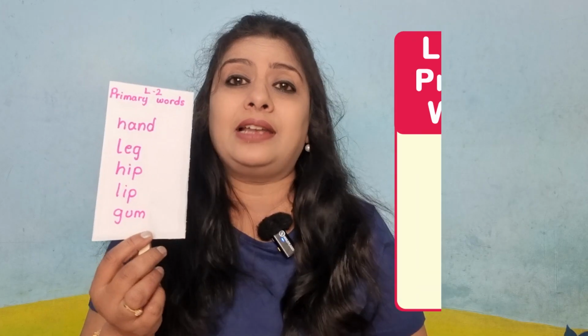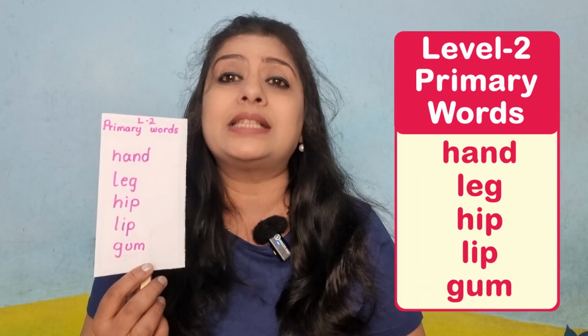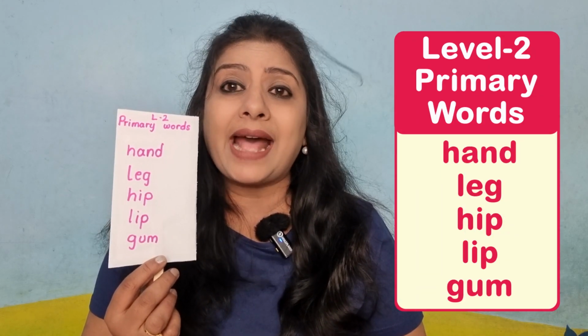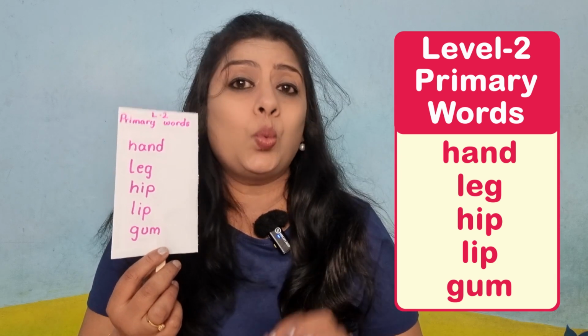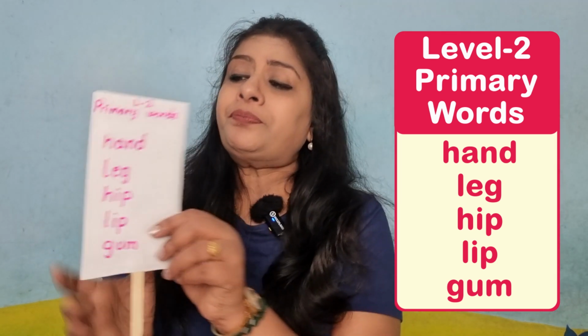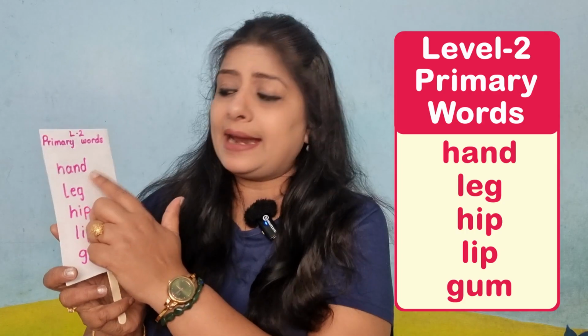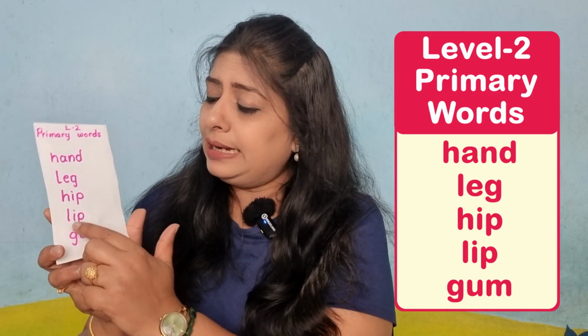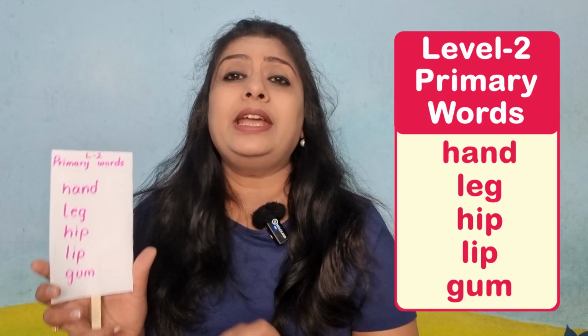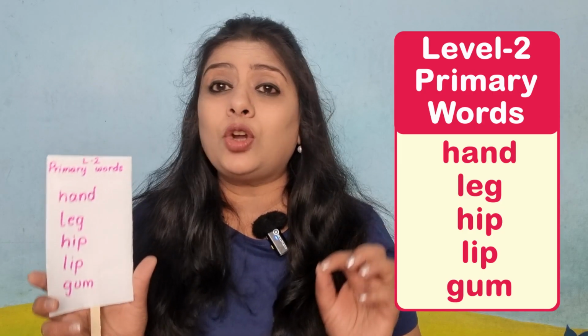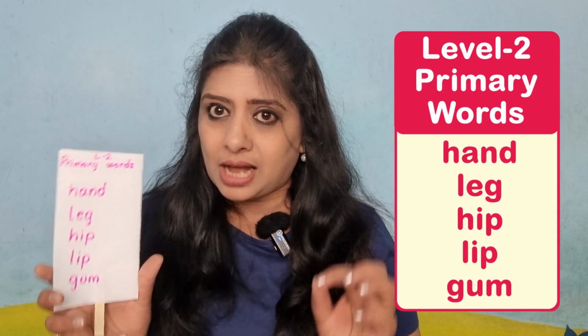And out of these words, now let me introduce the second level of words, and we call this second level of words primary words. So you can see here words like hand, leg, hip, lip and gum. So these are the words which contain only the short sounds.